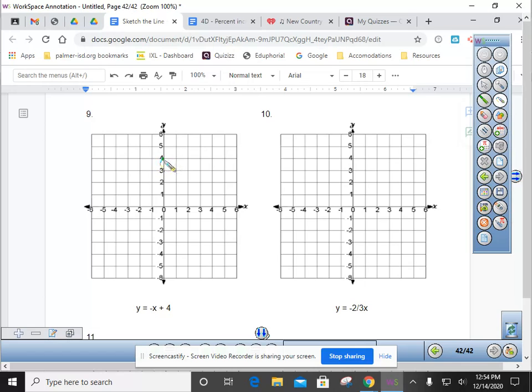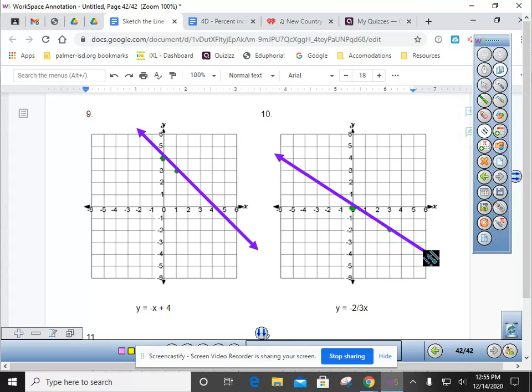So y'all can check your answers with mine. There's number 9. Here is number, that's the wrong thingy.